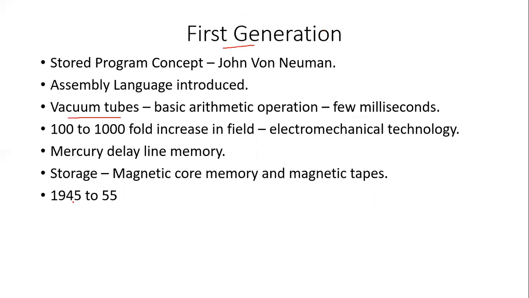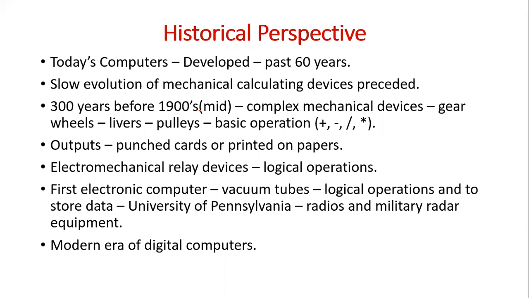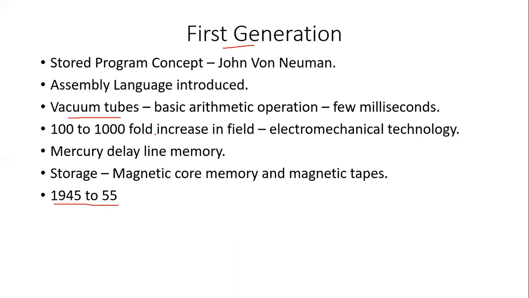This was the period from 1945 to 1955. Before that, computers were mechanical devices which used gear wheels, levers, and pulleys for performing basic operations. The first computer that used vacuum tubes was in the early 1940s.